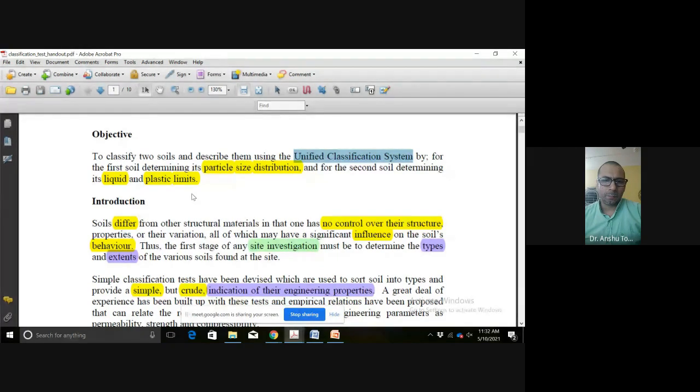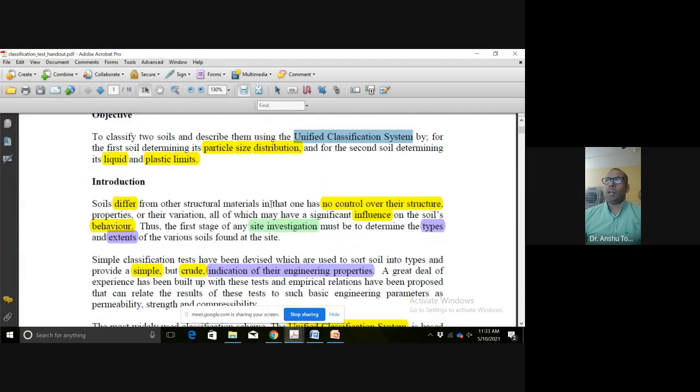And then we have got Atterberg's limits, where the soil is very fine, less than 0.075 mm grain size of the soil particles. Those soils are further classified using the Atterberg limits and Casagrande apparatus in the soil mechanics laboratory.